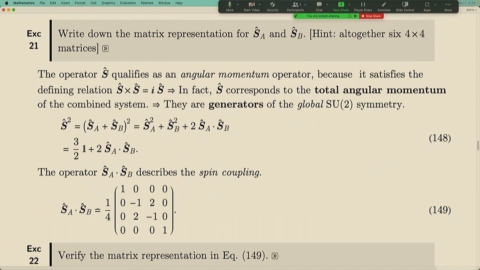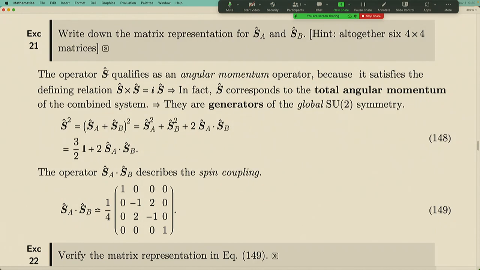So the angular momentum squared operator takes eigenvalue j times j plus 1, which when j equals 1/2 is 3/4. SA and SB each give 3/4, so together they contribute 3/2, plus twice SA dot SB.